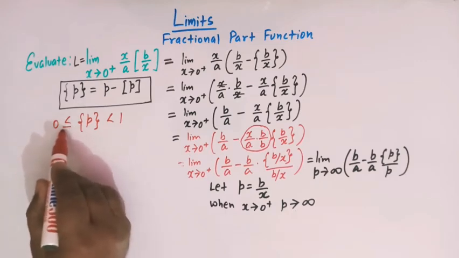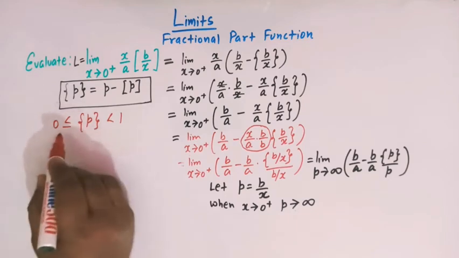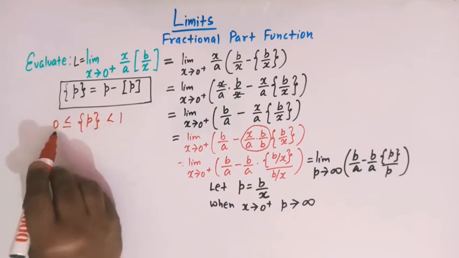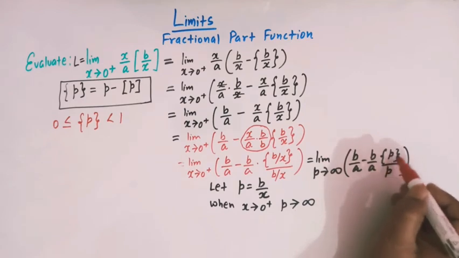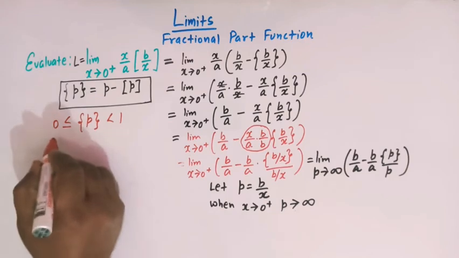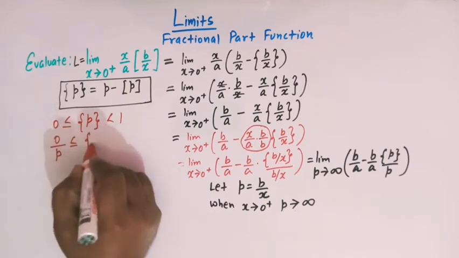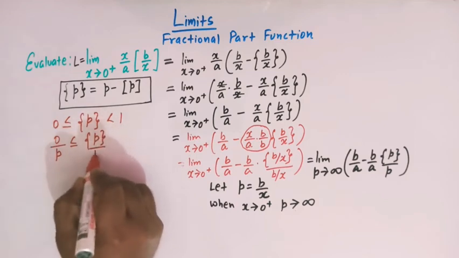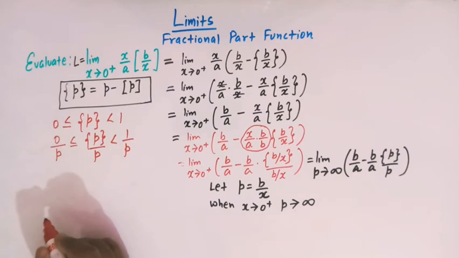Here we have the closed interval, here we have the open interval, and now if we divide throughout by p, because we wish to get the fractional part of p over p, so dividing throughout by p, we have 0 over p, and here we have the fractional part of p over p, and here we have 1 over p, right?